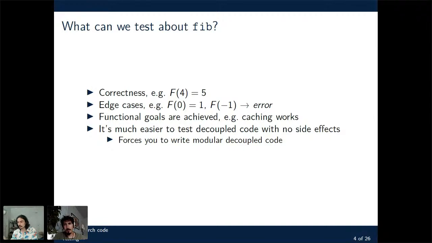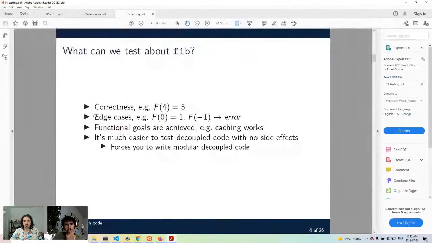So what if we wanted to call the -1th Fibonacci number? That doesn't really make a whole lot of sense, right? And so what we want is for the thing to throw an error in that case. We don't want it to give us like -1,000 or something. We want it to actually throw an error. So that's something that we can actually test in our code.